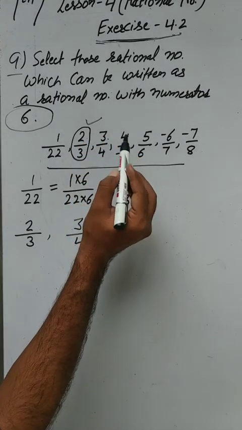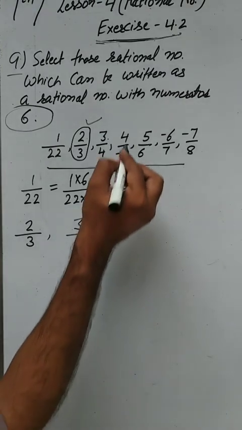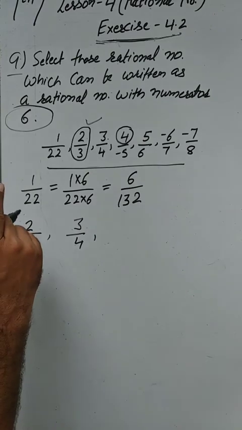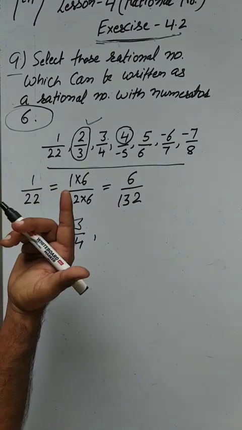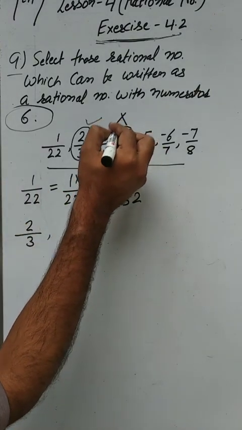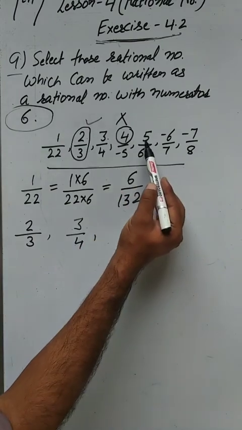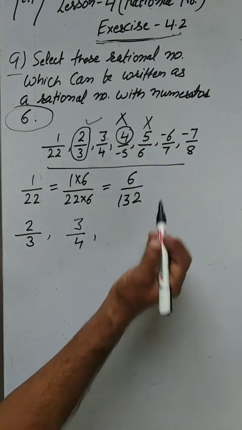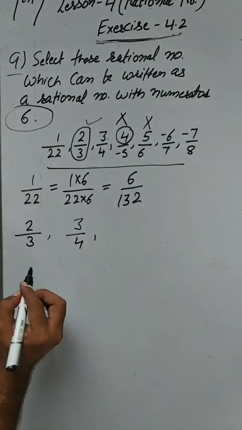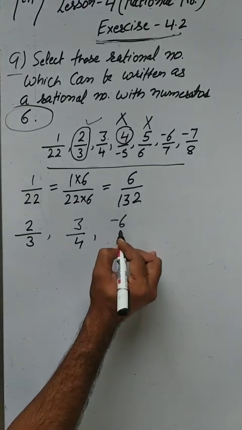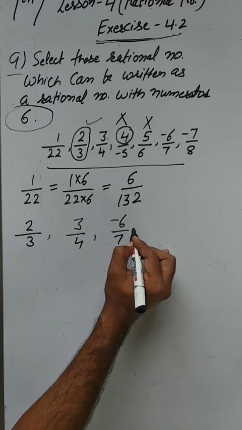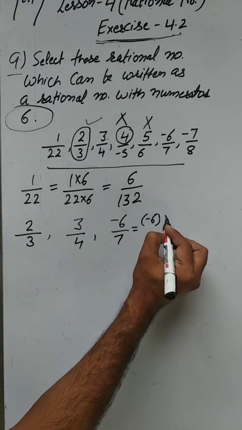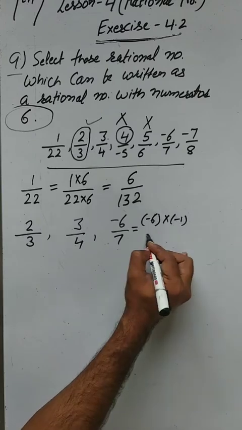And the fourth rational number is 4 upon minus 5. Can I change 4 into 6 by multiplication or division with any number? No, I can't change 4 into 6. Can I change 5 into 6? No, it's not possible. Can I change minus 5... minus 6 into 6? Yes. Minus 6 can be changed into 6 if I multiply minus 6 by minus 1.